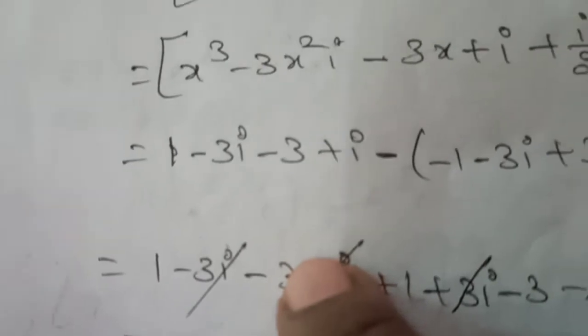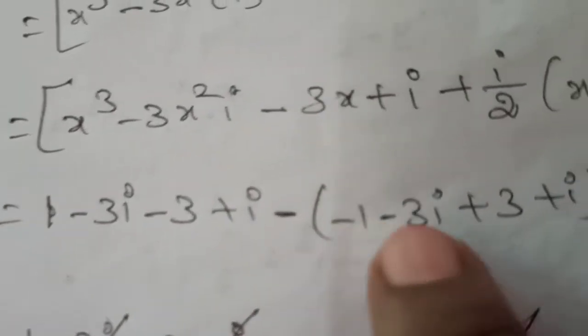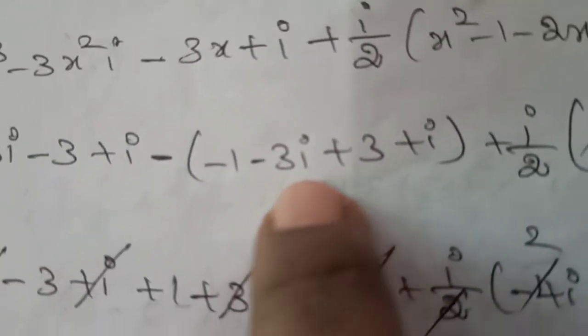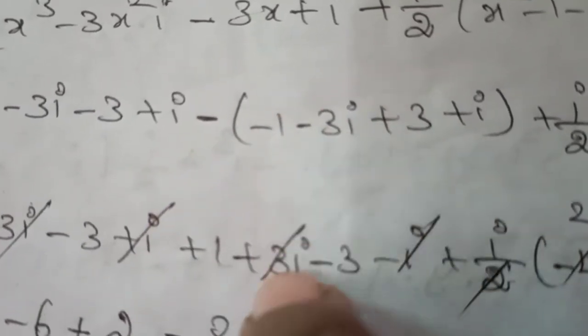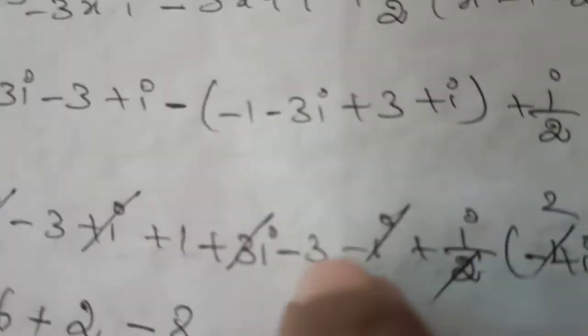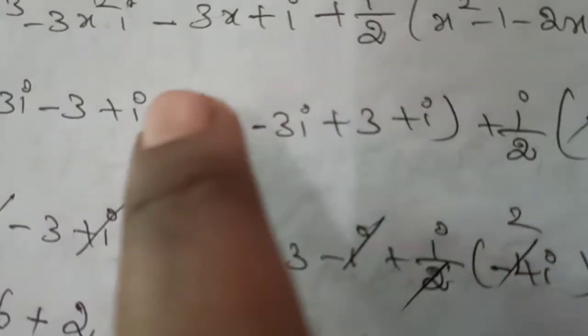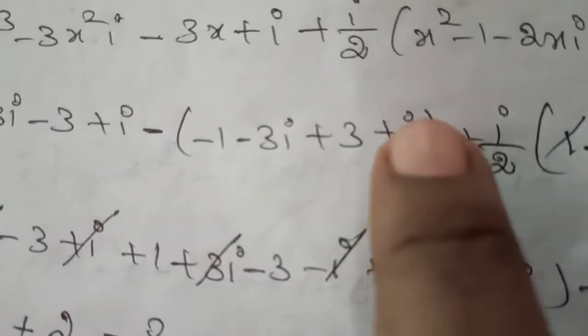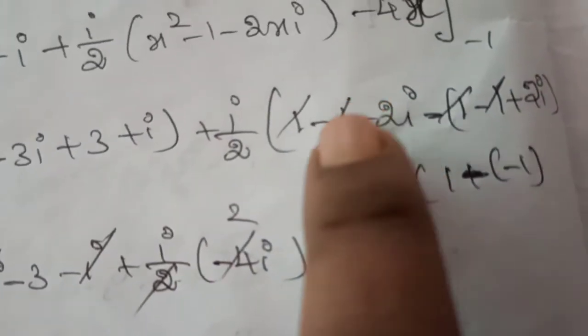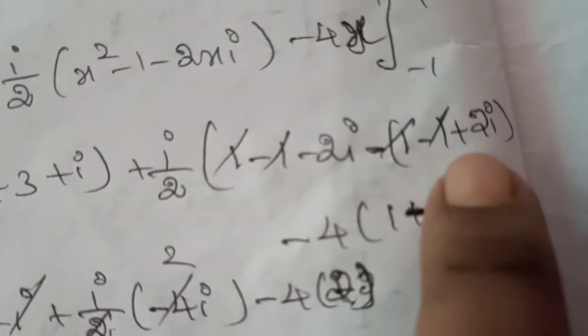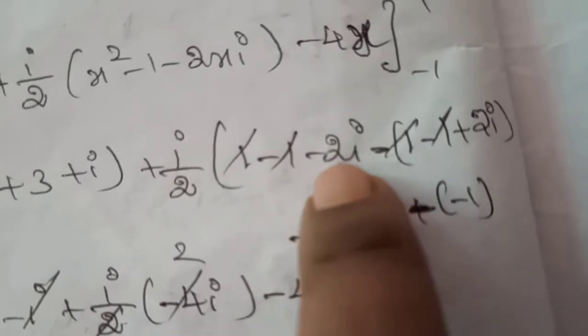1 minus 3i minus 3 plus i, with the negative multiplication inside: minus into minus is plus 1, minus into minus is plus 3i, plus into minus is minus 3, plus into minus is minus i. Plus i by 2 into plus 1 minus 1 cancel, the remaining value is minus 2i, minus into plus is minus 2i, so minus 2i minus 2i is minus 4i.